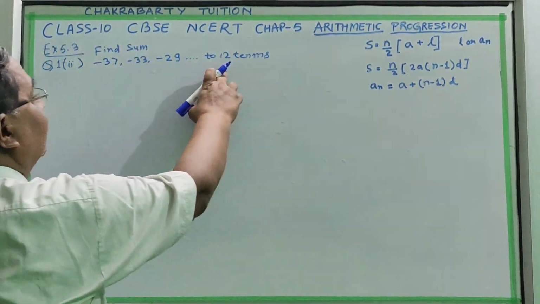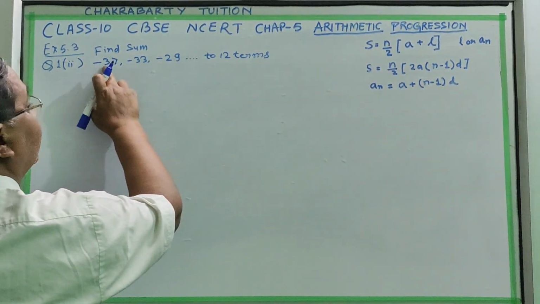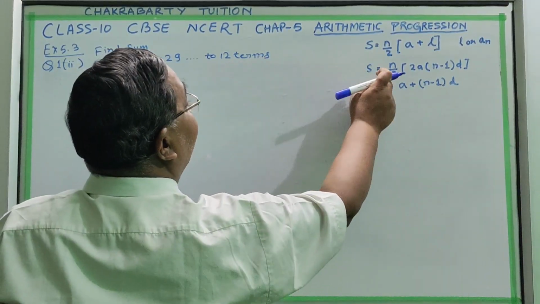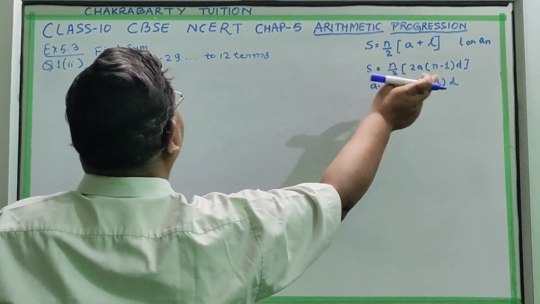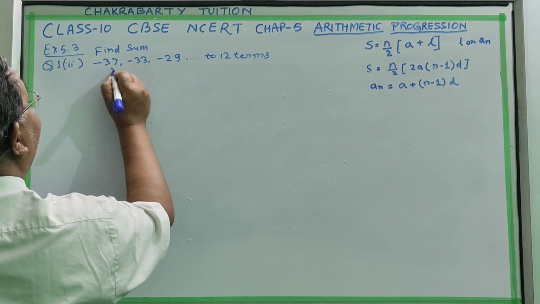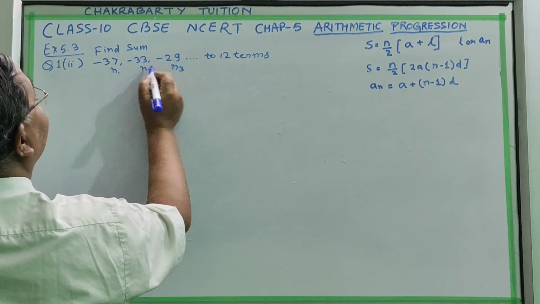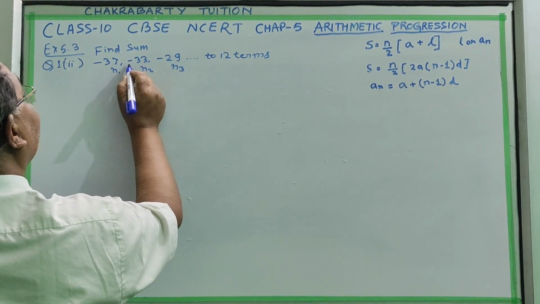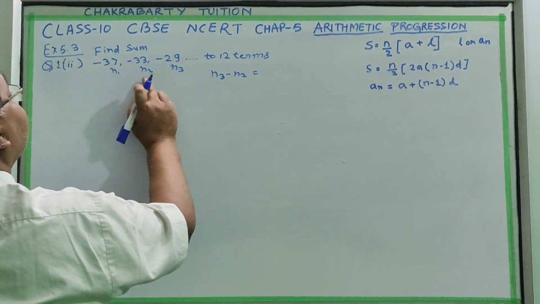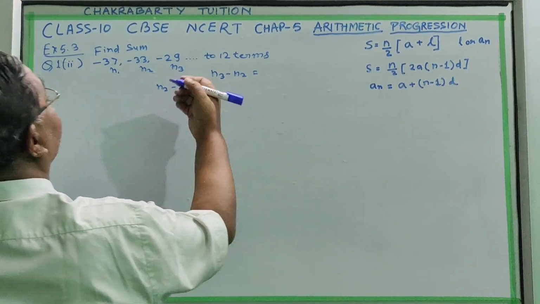So here you have to find the sum up to 12 terms. First we will find d. Here a is given and n is also given, only d is not given. So how will d come? From the terms, we can do the third term minus the second term, or the second minus the first, whichever you like.